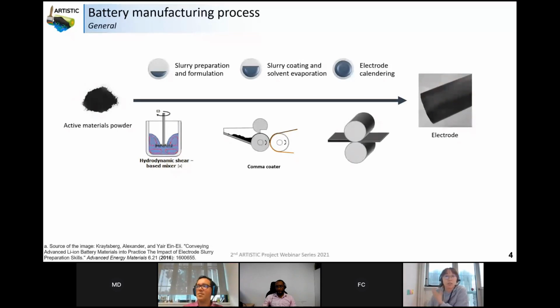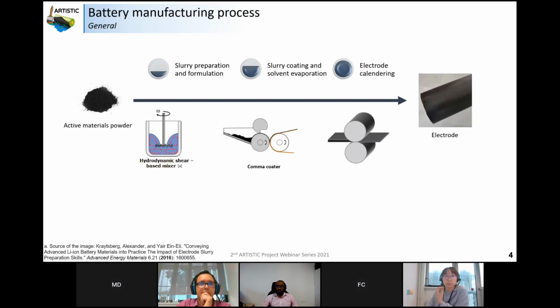That means the ratio between the active materials, the conductive additives, and the binders. Also, we need to decide the solid content, which means the solid mass in the slurry, so as to influence the coating process. The goal of this step is to get as high an active material mass ratio as possible to get a higher battery capacity, and also we need to make sure the electrode structure is stable and as homogeneous as possible.